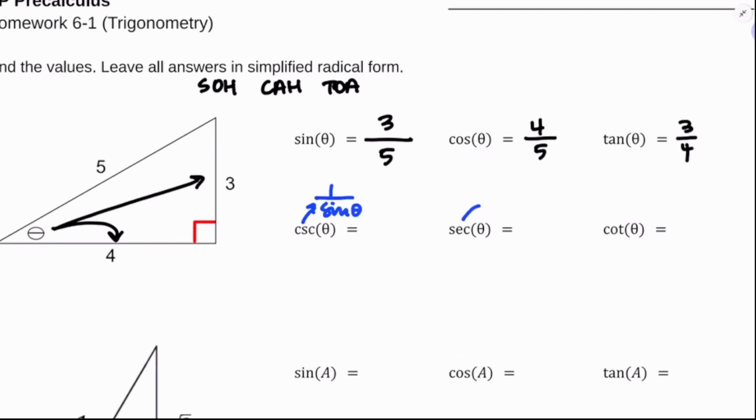Secant theta is 1 over cosine. And cotangent is 1 over tangent. So cosecant theta is just going to be the reciprocal of sine. If I've got 3 over 5 up here, this will be 5/3. Secant theta, 5/4. And cotangent, that'll be 4/3.